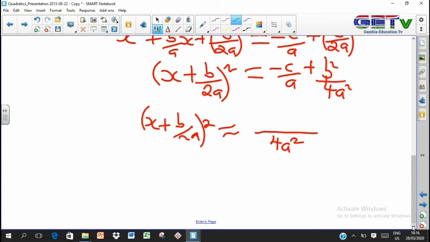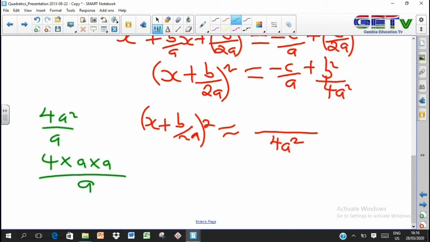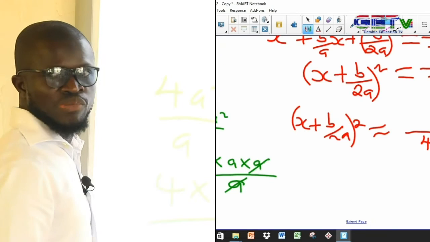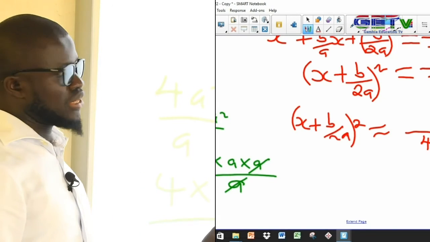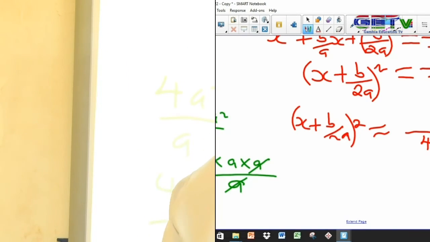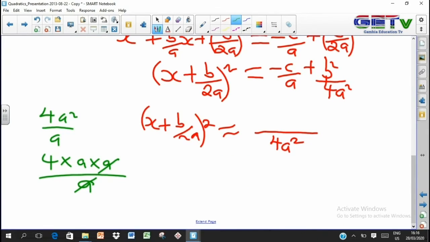If you take 4a squared and divide by a, this could mean 4 times a all over a. So if you cancel this, you'll be left with what? 4a. So we will have 4a as our remainder here, which is set to multiply c.